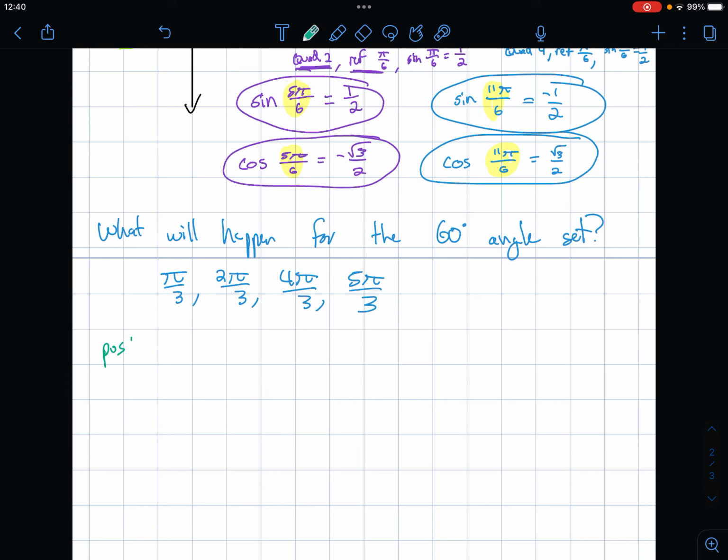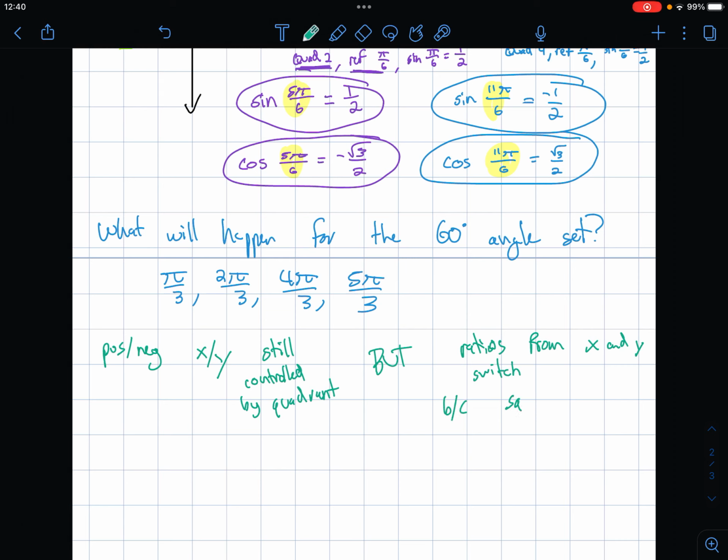So positive or negative x or y is still controlled by the quadrant, but the ratios from x and y switch or flip because it's the same triangle, right?